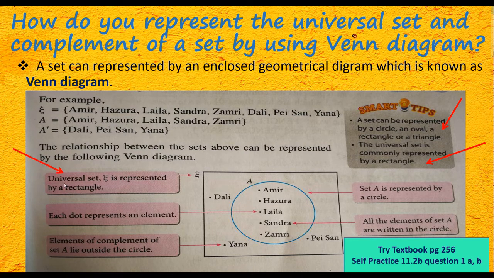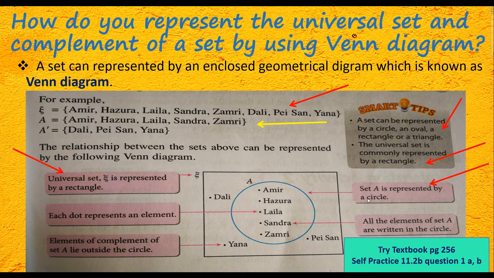Okay, first, the universal set is represented by the rectangle, and then these are the elements we have to place inside my universal set. But I don't write my elements according to the universal set; I will write my elements when I read about the set A, which means Amil, Hazura, Laila, Sandra, and Zamri. Where should I put all these people?